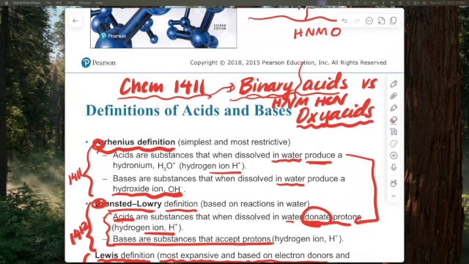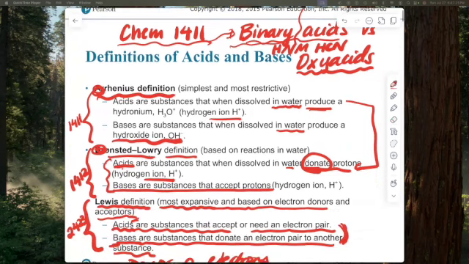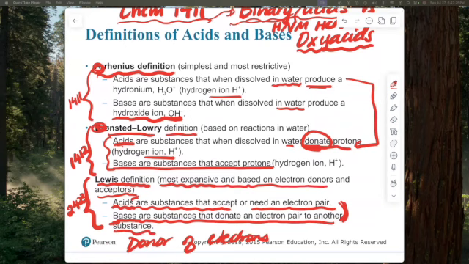Okay, so what we're doing here is defining acids, and I classify these based on when we're going to be covering this a lot. So let me go ahead and cover this part real quick so I can erase it. In 1411, the definition we had of an acid and base was consistent with the scientist Arrhenius's definition. Okay, so we'll go over it again as though we never covered it.